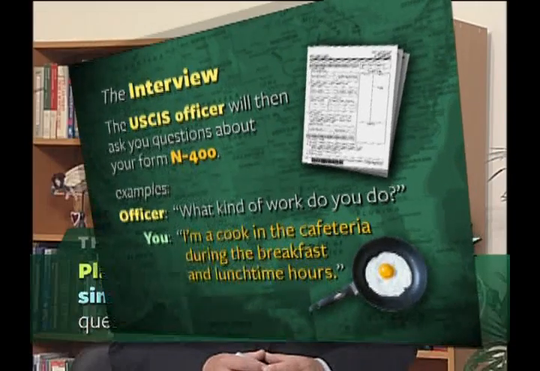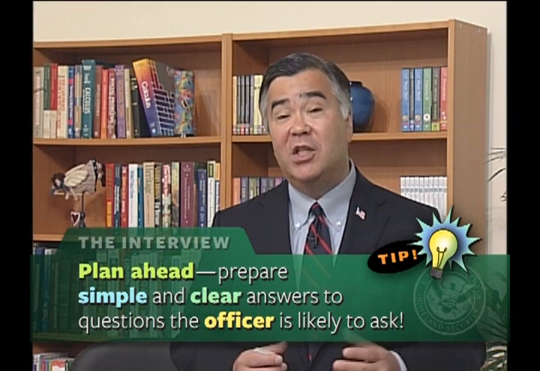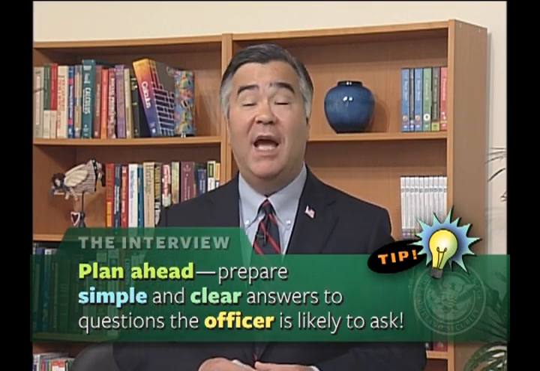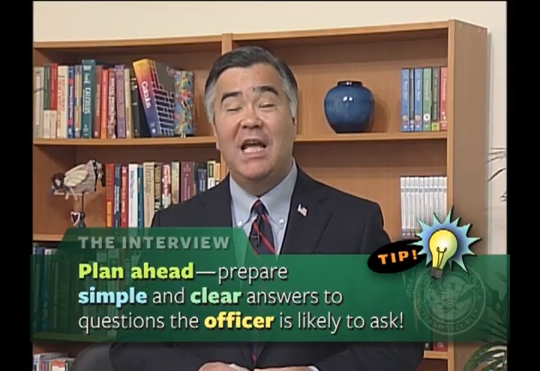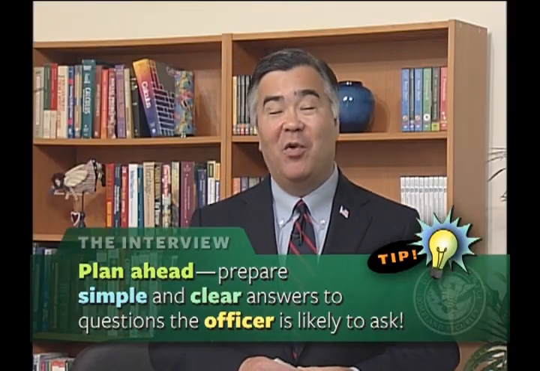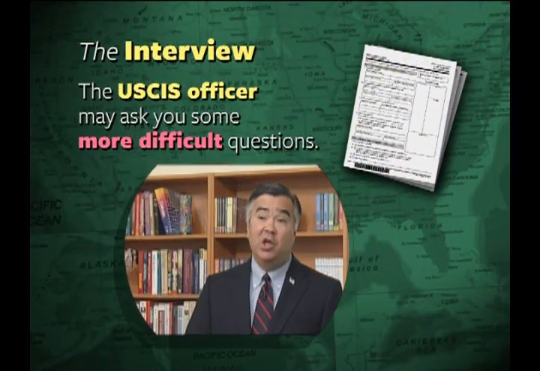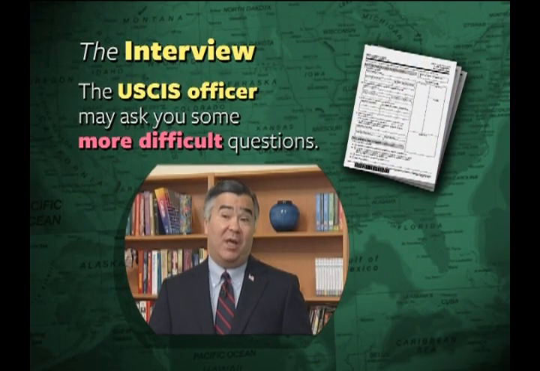If you plan ahead and think a little bit about questions that the officer is likely to ask, you can prepare simple and clear answers like these and be ready to answer the question correctly when it is asked. It's possible you may be asked a more difficult question.